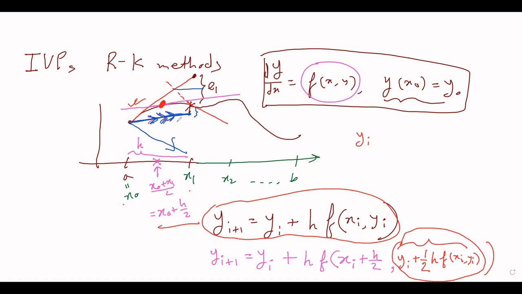Now try to visualize that just the way this blue line is giving you lesser error, using similar logic, you should be able to visualize that this pink tangent line, which is drawn at the midpoint, should give you a better result. Let me draw two more tangents.